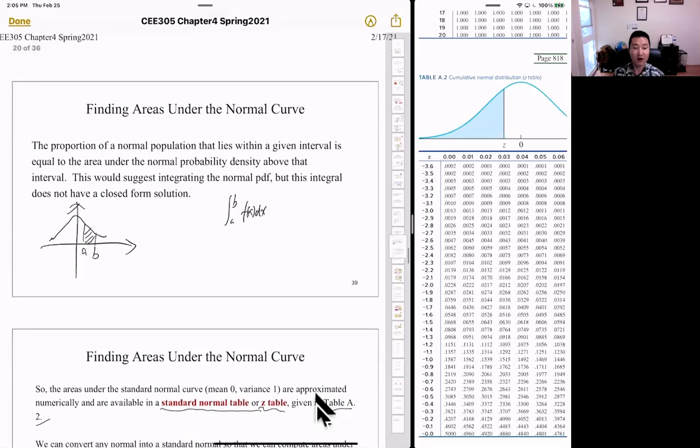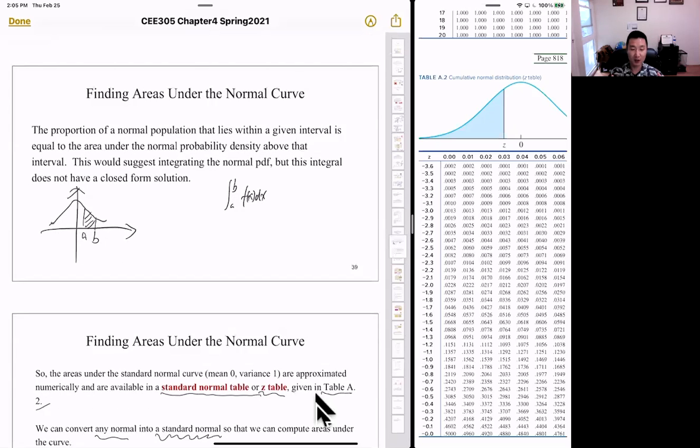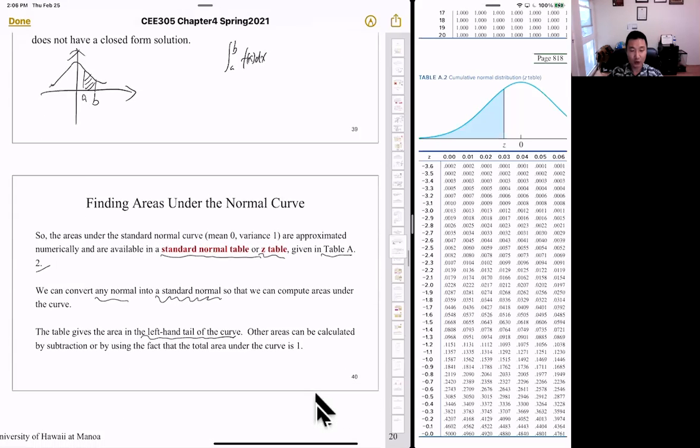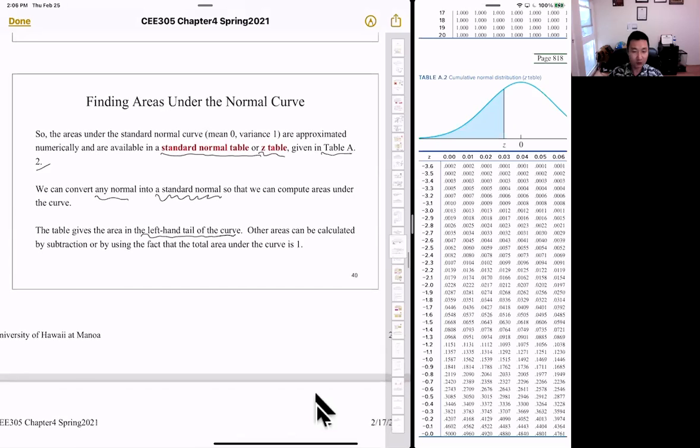Finding areas under a normal curve means finding the probability. But for the normal distribution, doing the integration is very, very complicated, and that's the reason we use the z-table instead of integration to find the probability. And then we started to discuss how to use the z-table.